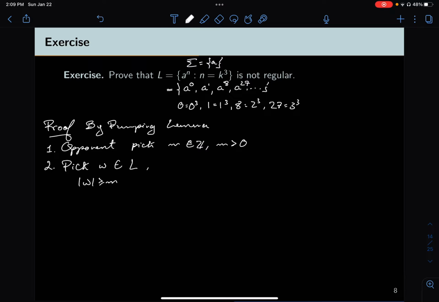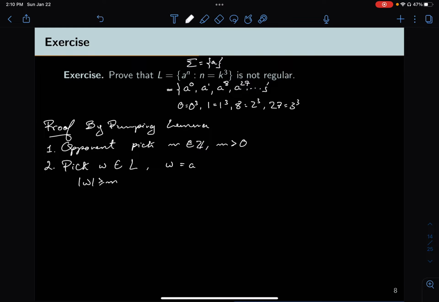But for w to be a string in L, it has to be a sequence of A's, and the number of A's has to be a perfect cube. What we can do to create a perfect cube is take m, the integer, and cube it. If we cube an integer, that clearly is a perfect cube.